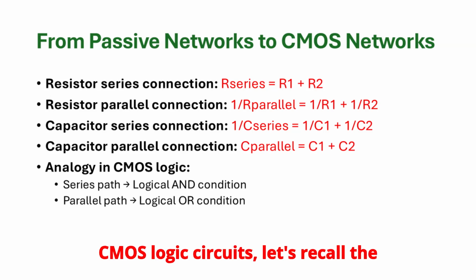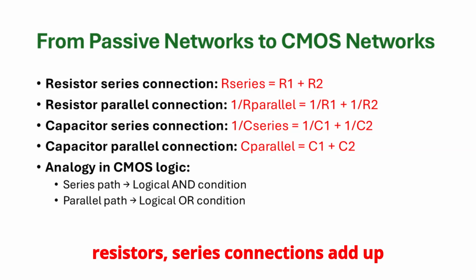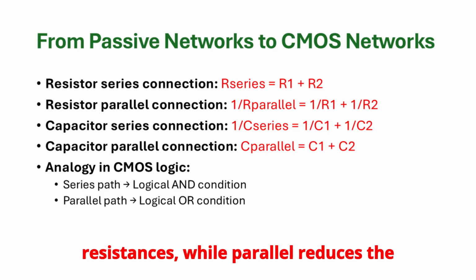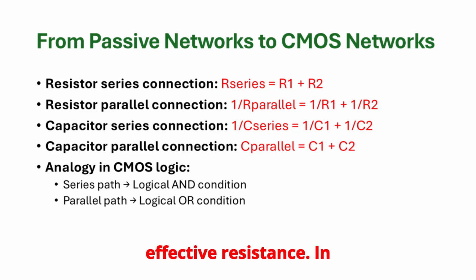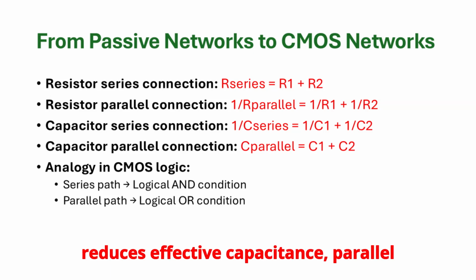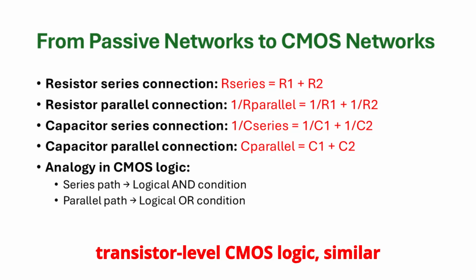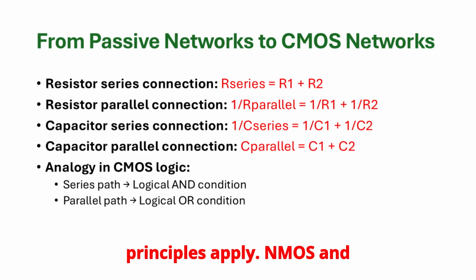Before diving into CMOS logic circuits, let's recall the analogy from passive networks. In resistors, series connections add up resistances, while parallel reduces the effective resistance. In capacitors, the rule is inverted: series reduces effective capacitance, parallel adds them. Now, when we move to transistor-level CMOS logic, similar principles apply.